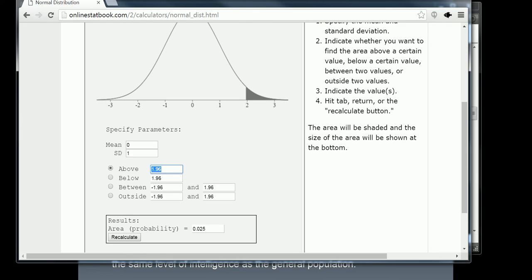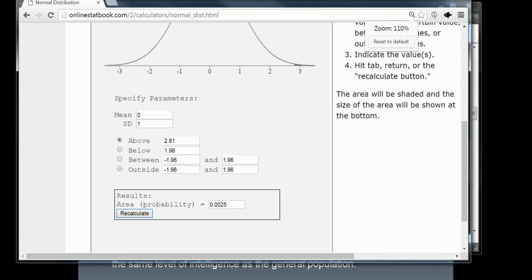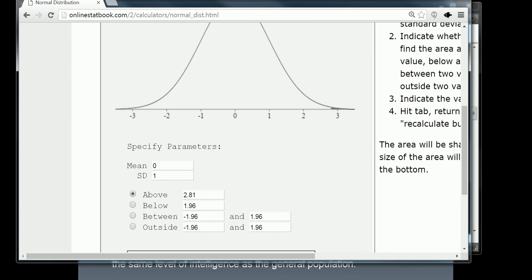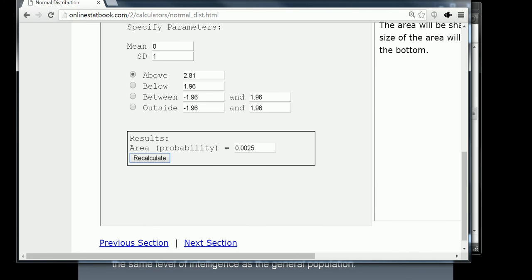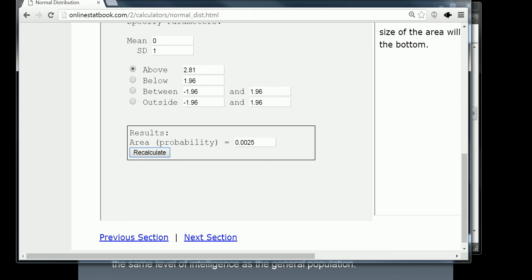Basically, we want to see the probability of getting a score 2.81 or above. And we can see that probability, as you can barely see what's shaded there, the probability of getting a score way out there is 0.0025. So it's less than 1%.